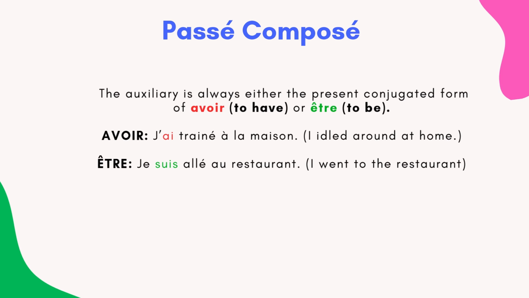So we have another example for avoir, which is J'ai traîné à la maison. I idled around at home, which is already completed. I'm not idling around the home right now, or I'm not going to idle in the future. Next, we have être. Je suis allé au restaurant. I went to the restaurant. I already went. I'm not going to the restaurant, or I will go to the restaurant in future.